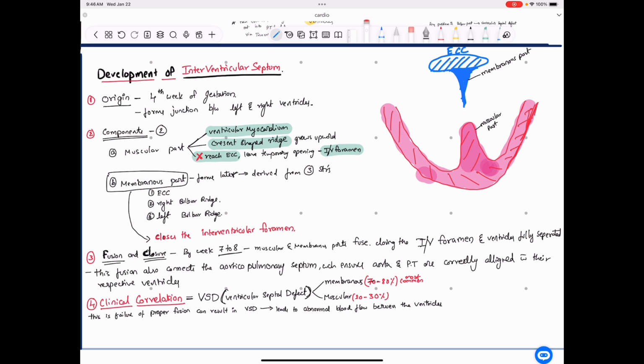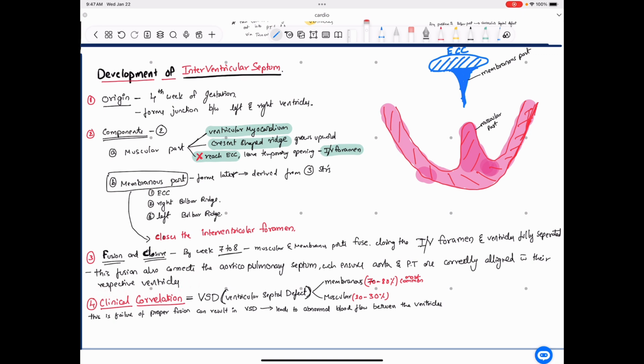Muscular and membranous parts fuse by week 7 to 8, closing the interventricular foramen, and the ventricles are fully separated. This fusion also connects the aorticopulmonary septum, which ensures the aorta and pulmonary trunk are correctly aligned with their respective ventricles.